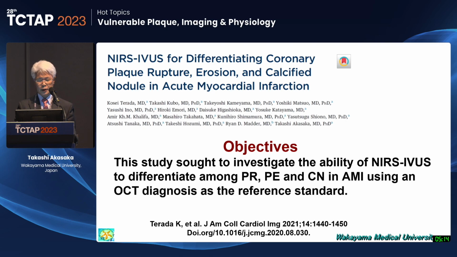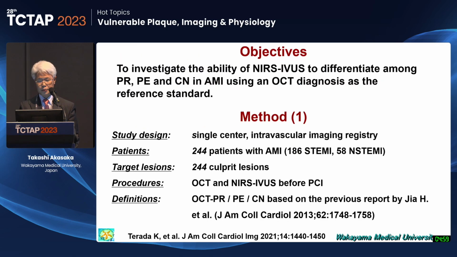So today I would like to demonstrate the ability of NIRS-IVUS to differentiate among plaque rupture, erosion, and calcified nodule in AMI, and to predict future events in vulnerable plaque. This is the original purpose: to investigate the ability of NIRS-IVUS to differentiate among causes of an AMI, as I already said.